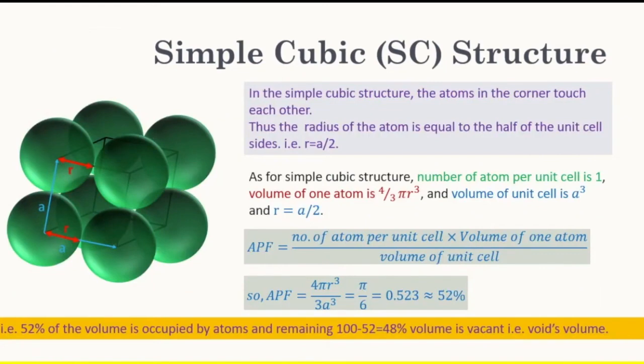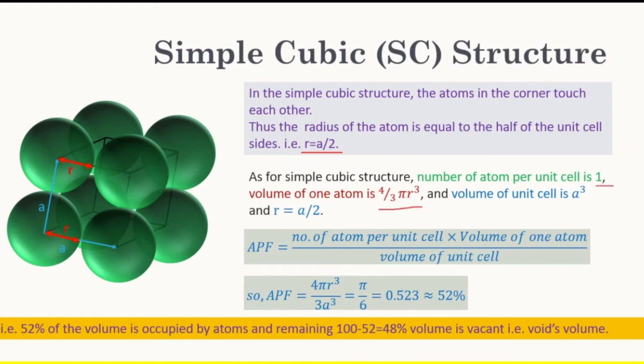Now all the atoms in the corner touch each other. So if the lattice constant is a and the radius of the atom is r, then the lattice constant will be equal to 2r and so the radius will be a by 2. Now we know that the simple cubic structure has one atom per unit cell.